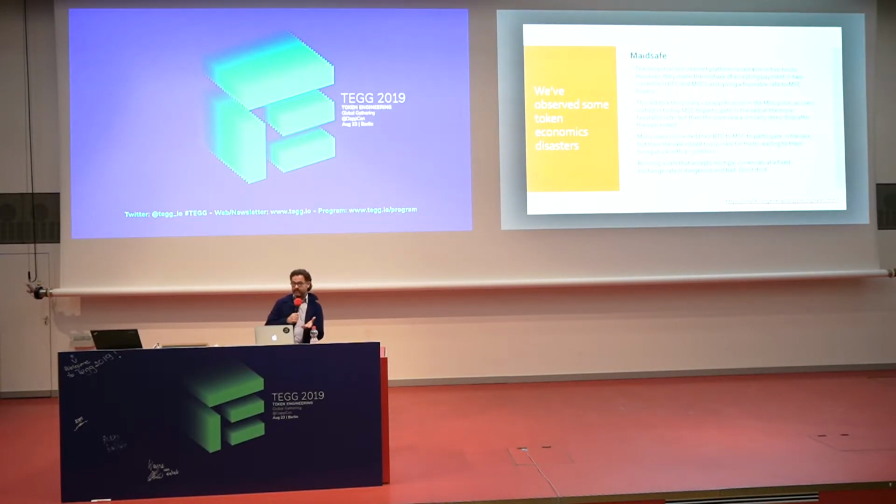And so the lesson that Vitalik is offering is that running a token sale that accepts multiple currencies at a fixed exchange rate is dangerous and bad. And so don't do it. So what would we call such a thing? Well, if we go back to the vast literature that we have on software engineering, that's what's called an anti-pattern.